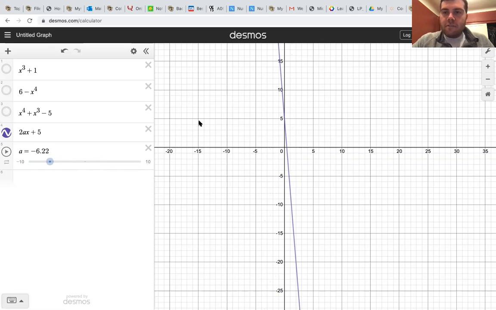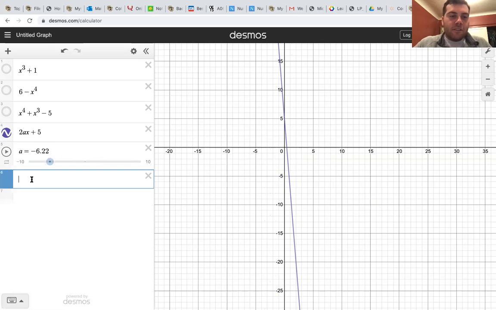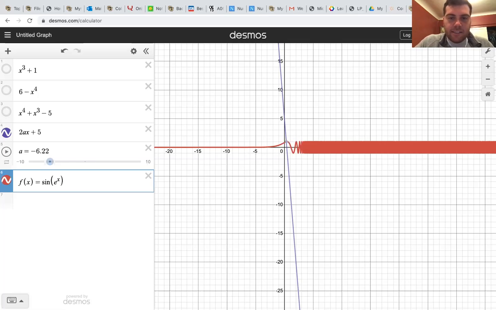So there's a lot of fun you can have on this if graphing is fun for you. You can create some crazy looking graphs as well. Of x equals, sorry, sine of e to the x, which if you're in calculus, you'll know what e to the x is.